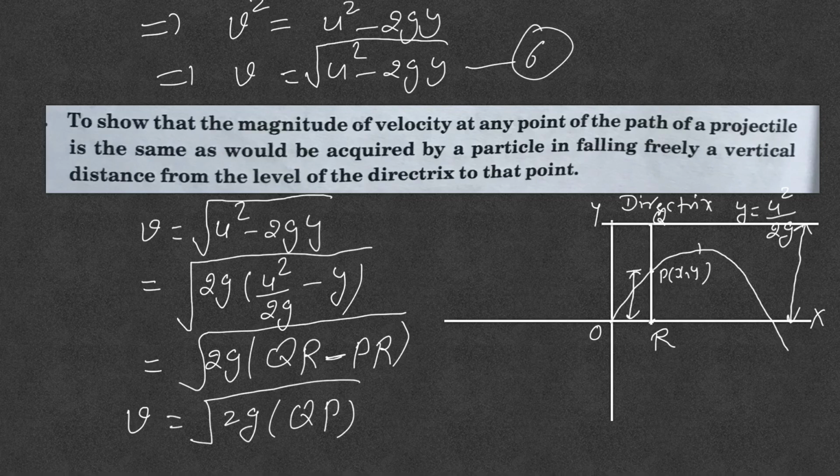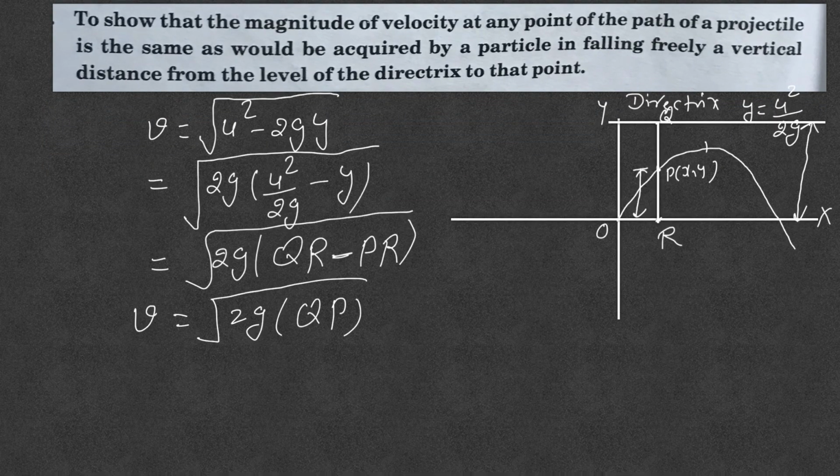Now we will see what velocity it will acquire when it is allowed to fall freely from here. Its initial velocity will be 0, and when it reaches here, its velocity will be v. So let me calculate. We know the relation v square minus u square is equal to 2fs.